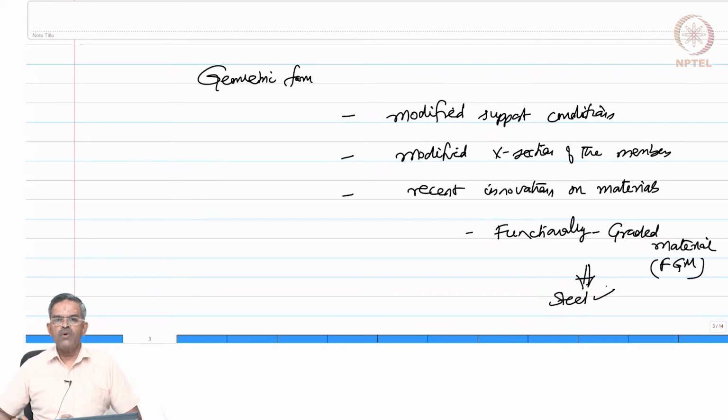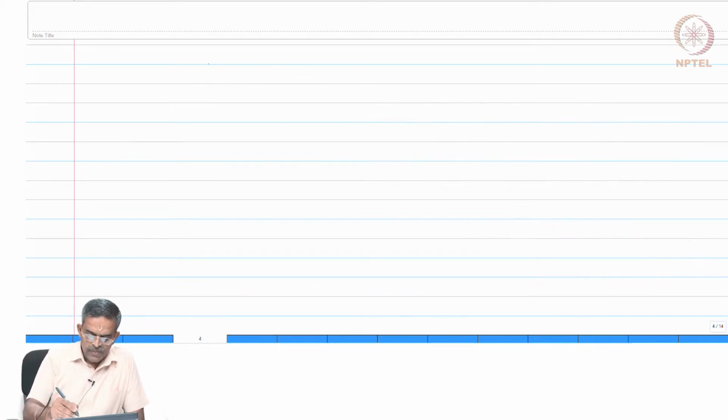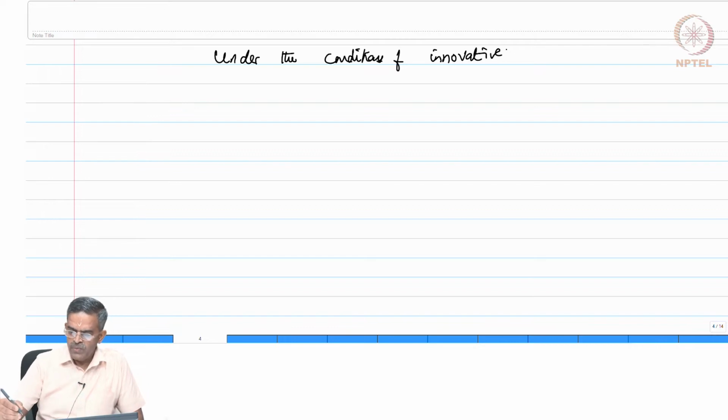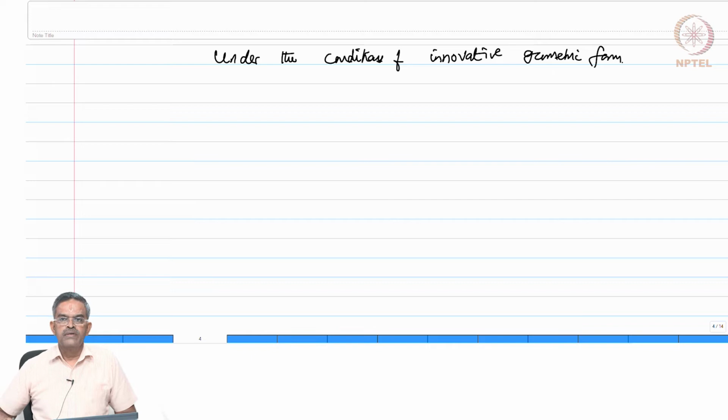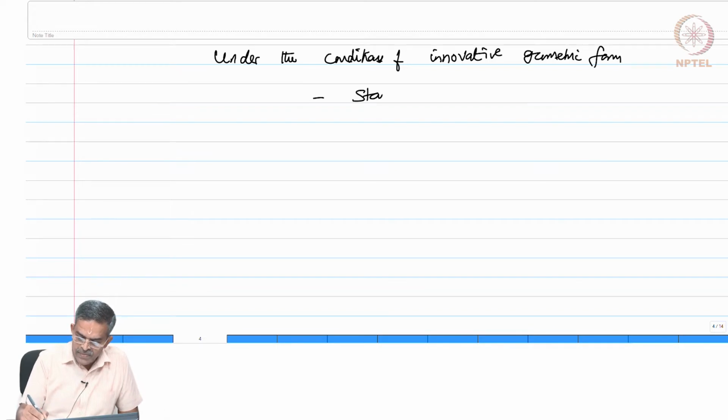So when we talk about an innovative geometric form, the foremost requirement for a structural system to function properly is its stability.